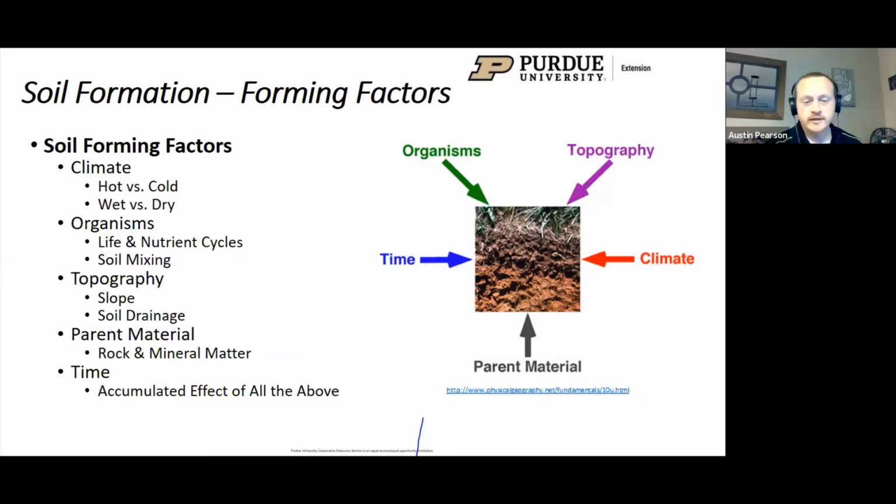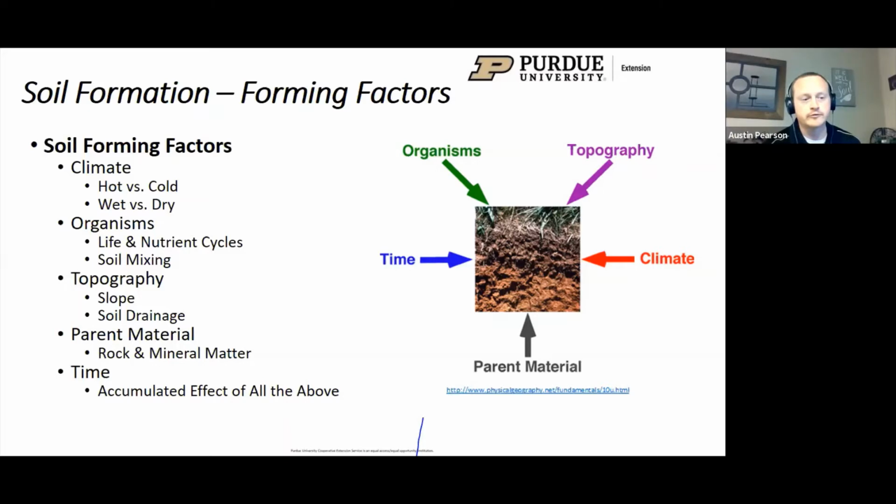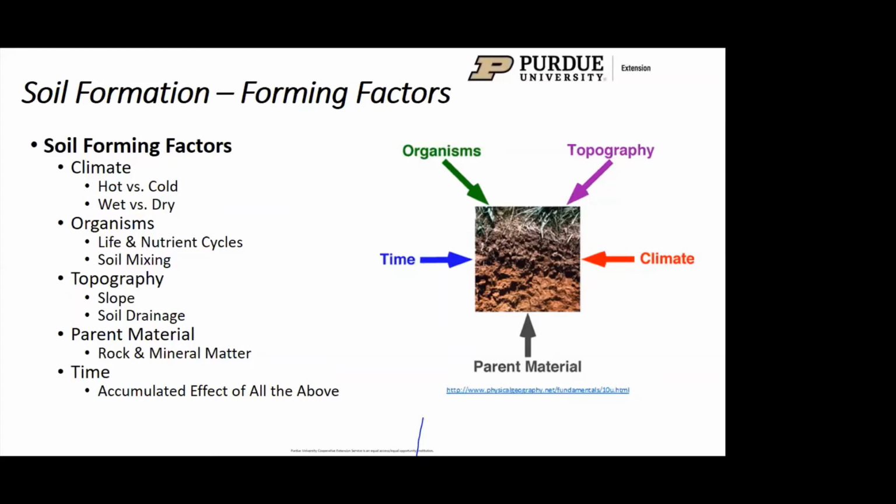A lot of these organisms, animals, ground squirrels, any animal that can burrow through the soil or have earthworm channels, they're also involved with soil mixing. They like to mix up the soil, and so you can start bringing nutrients down the profile, or you can also cycle nutrients that are lower in the profile and bring those back up to the top. So that's something that can happen with those.